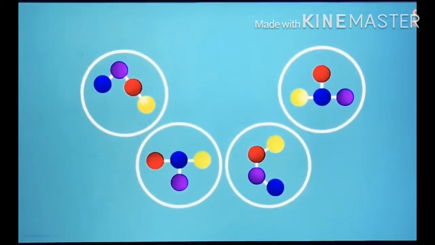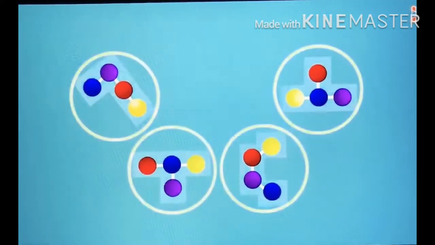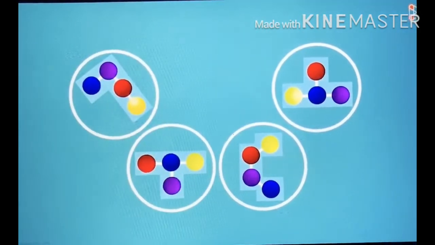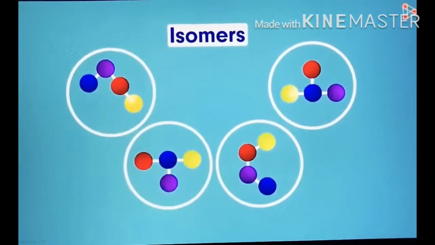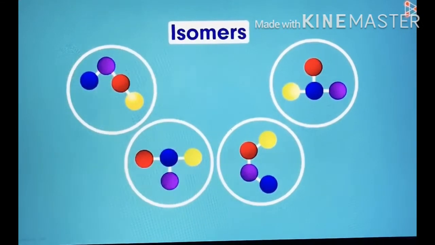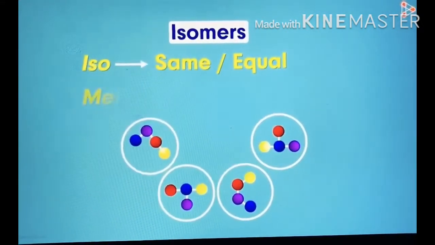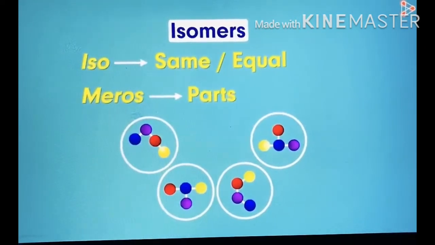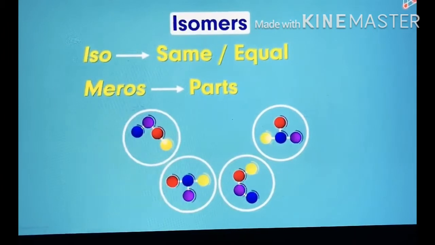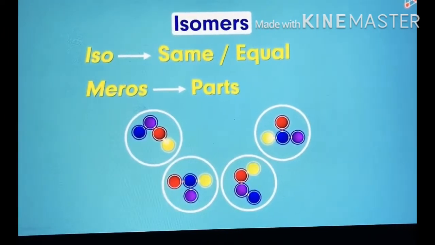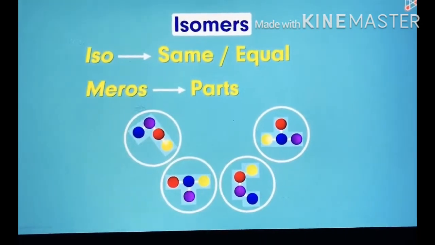Can there be compounds that have the same number of atoms of each element in them but arranged differently? Yes, this is the concept of isomers. Isomers is the term that originated from the two Greek terms, iso meaning same or equal and meros meaning parts. Thus, here the term represents the compounds that have exactly the same number of atoms of each element in them. However, the arrangement of these atoms is completely different.